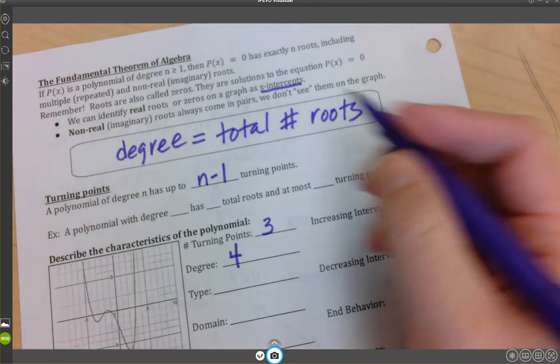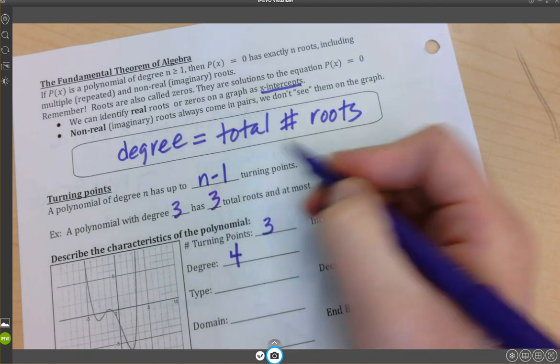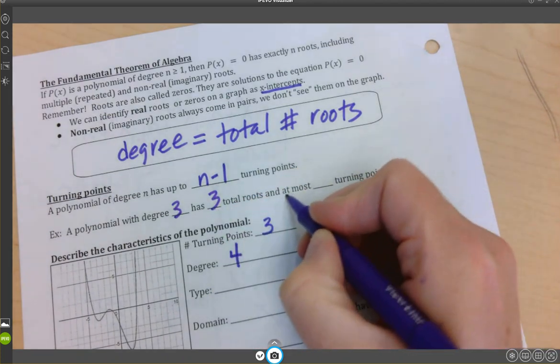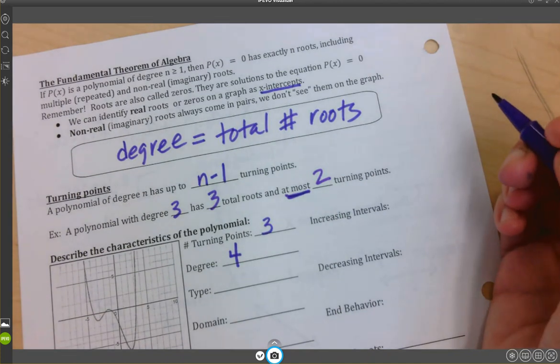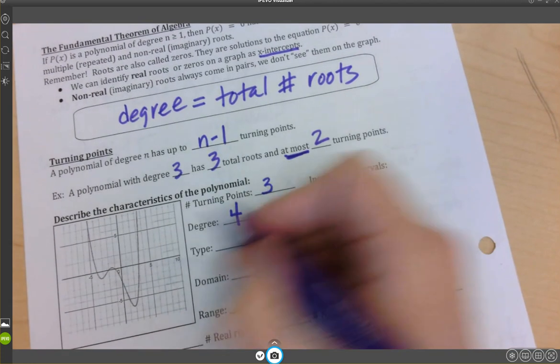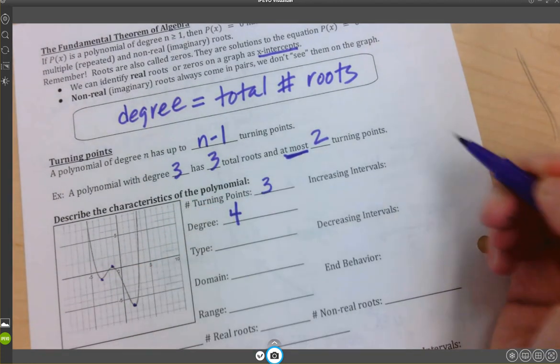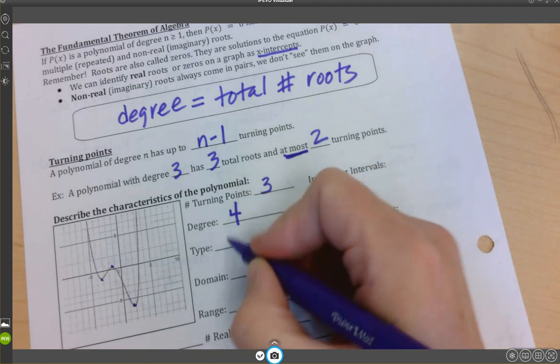Here, the example says if you have a degree 3, you're going to have 3 total roots, and at most, maybe not exactly, 2 turning points. So going back to our example here, we had 3 turning points, 1, 2, 3, and so that means the degree might be 1 more than that, 4, which would make it a quartic.